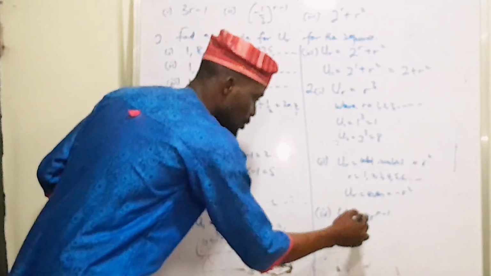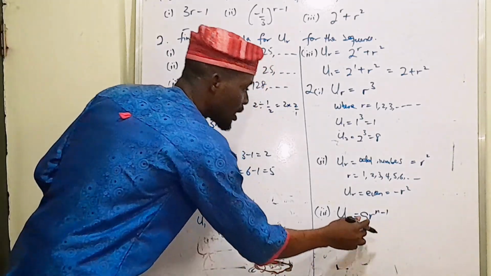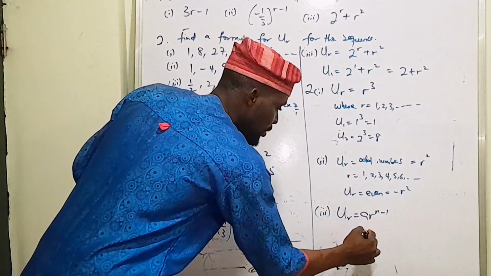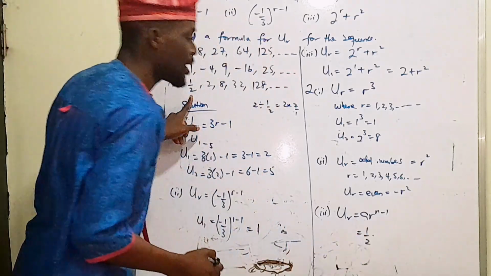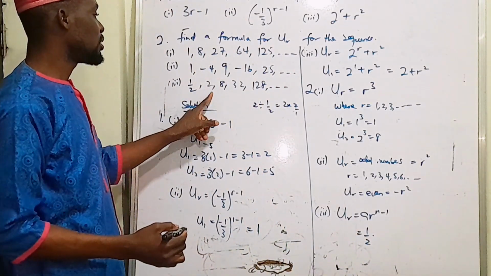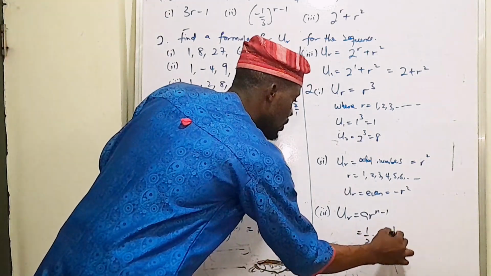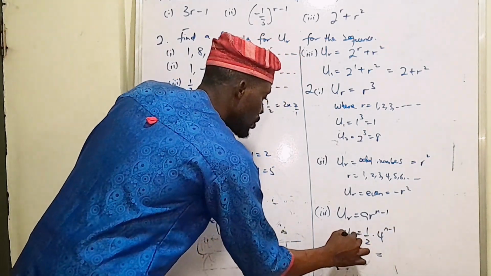So at this point, what do I have? U_R becomes what? My first term A is this first value here. That's 1 over 2. A represents the first term times R, which is the ratio, dividing is 4, raised by n minus 1. And that's the formula for my U_R.